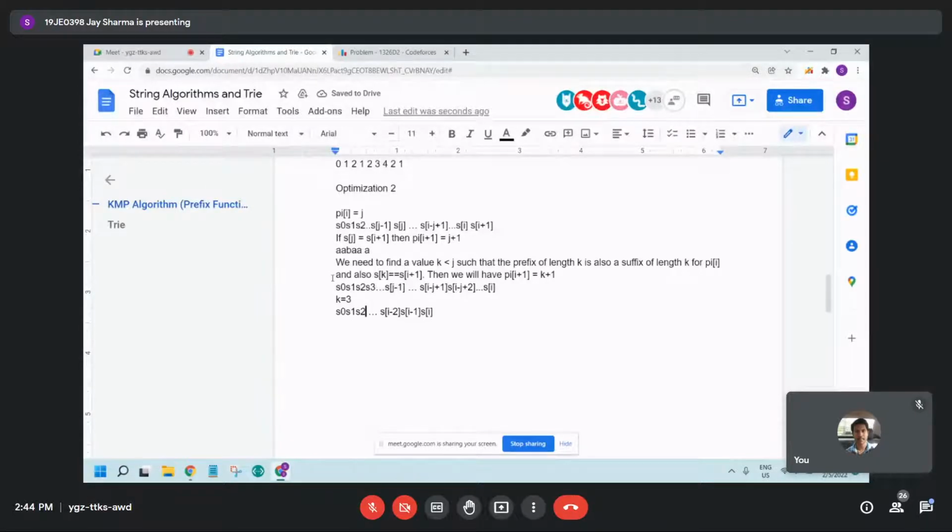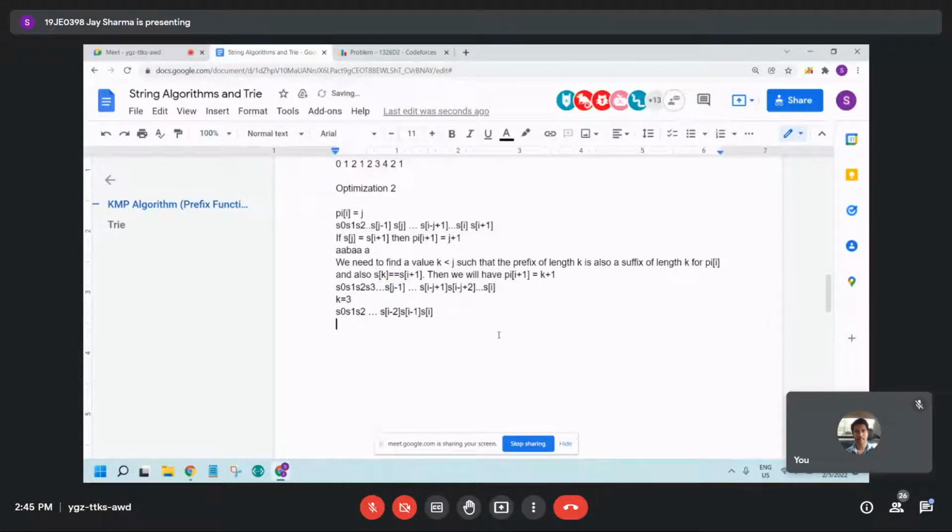Now you can see that this prefix is equal to this suffix. So if some value of k is satisfying this prefix function property for some value of this suffix here, then the suffix for which it is satisfying, s of I minus 2, s of I minus 1, and s of I, is also equivalent to the suffix of this part.